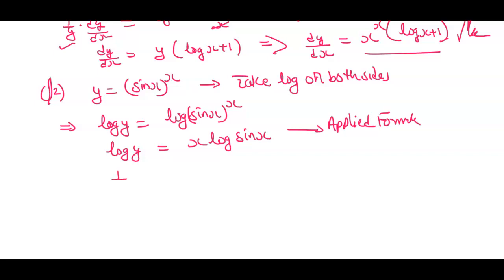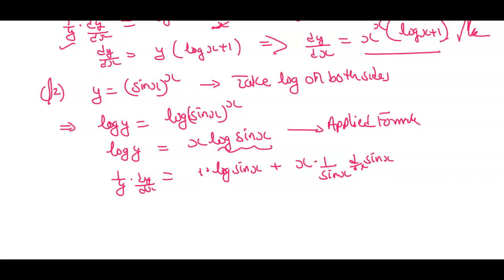So it is going to be 1 by y dy by dx. Product rule now. Derivative of x is 1, so it is 1 into log sin x. Derivative of log sin x is 1 upon sin x into derivative of sin x.